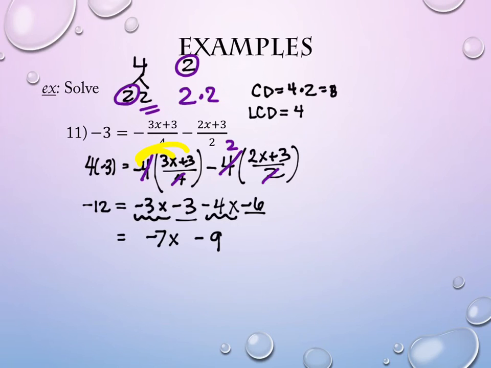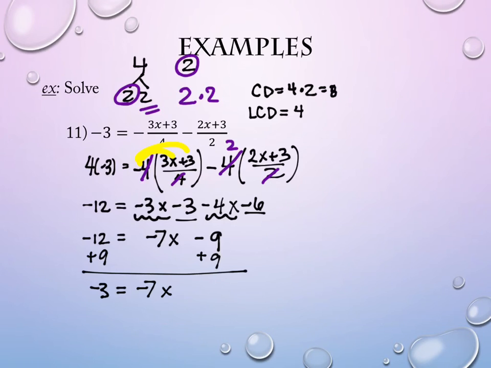So those are all my pieces on the right that combine. I still have a negative 12 on the left. Now what? Add the 9. What is negative 12 plus 9? Negative 3. So negative 3 equals negative 7x.